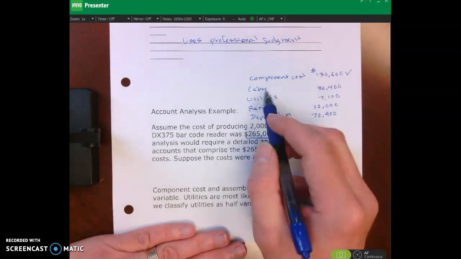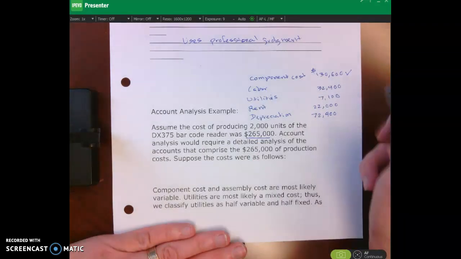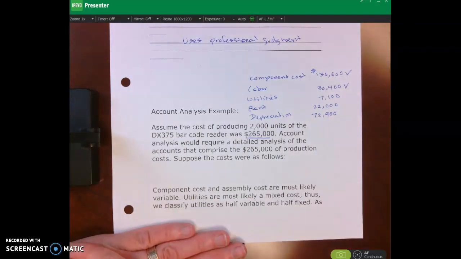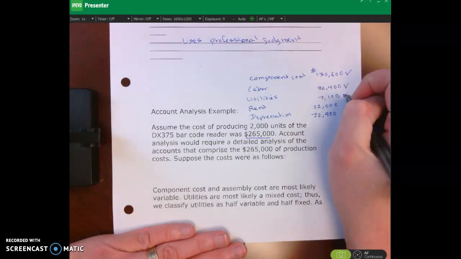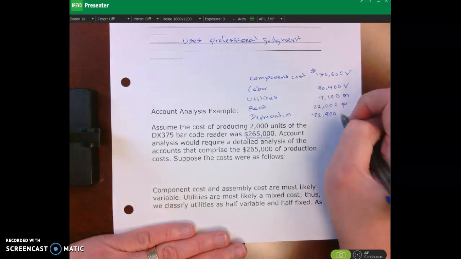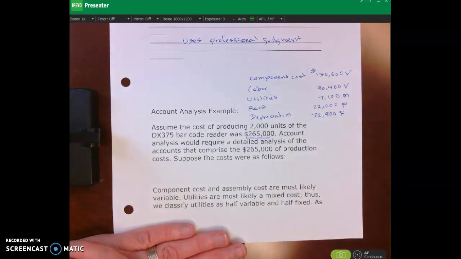Direct labor, this is our assembly line labor who are paid hourly. That's a variable cost. Utilities, we went through in the first lecture video, is an example of a mixed cost. Rent and depreciation, we know those are both F for fixed cost.